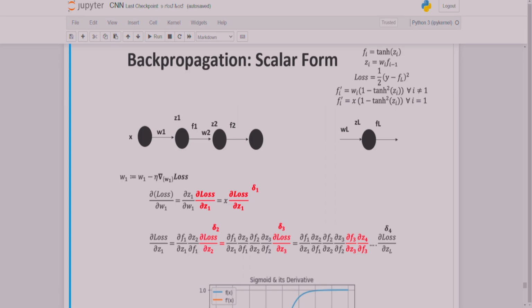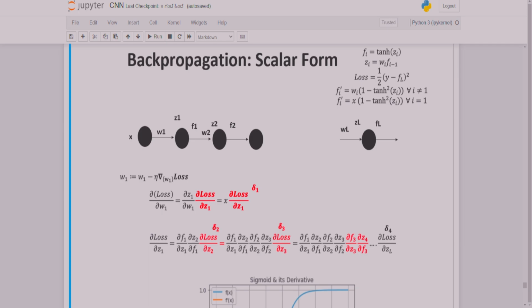So this is nothing but ∂F1/∂Z1. Changes in F1 will definitely result in changes in Z2, because F1 into the weight 2 gives you Z2. So I have to bring that also into the picture. So this is ∂Z2/∂F1.